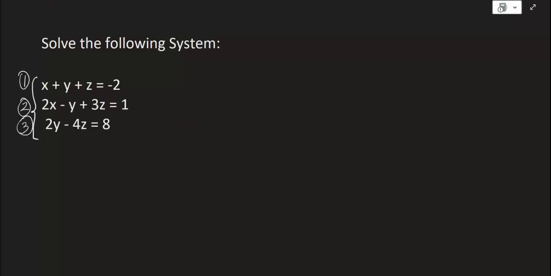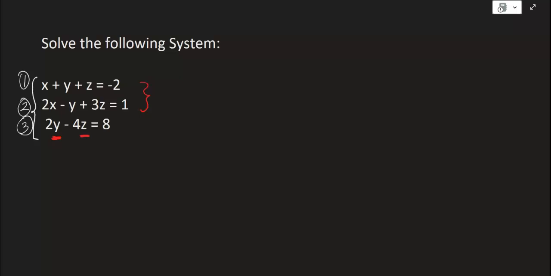Now, the first thing to notice is that the last equation only has the variables y and z. That will dictate what we need to do with the first two equations, so that we have a new equation with two unknowns, and that way we can create a system of two equations and two unknowns and then solve.